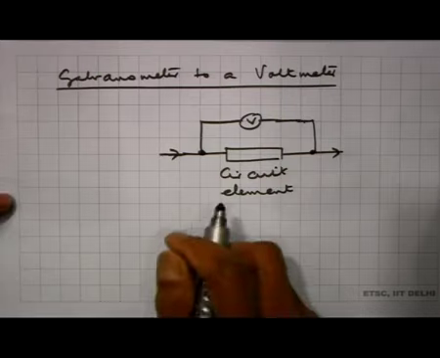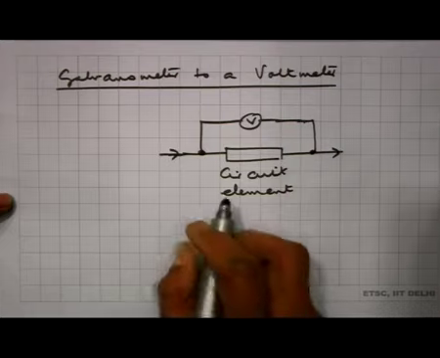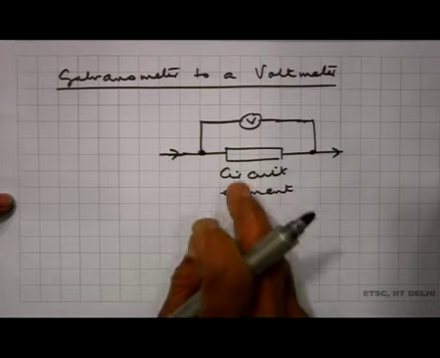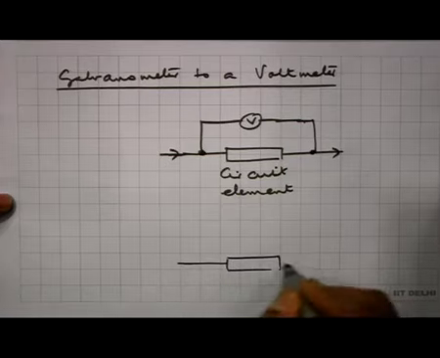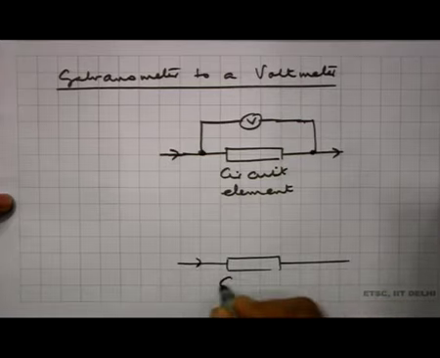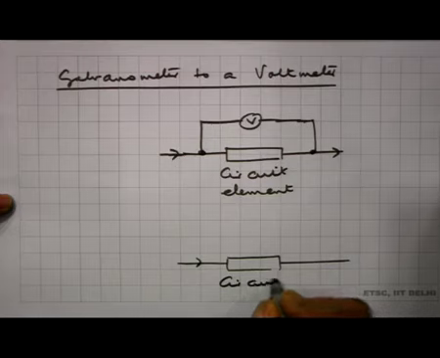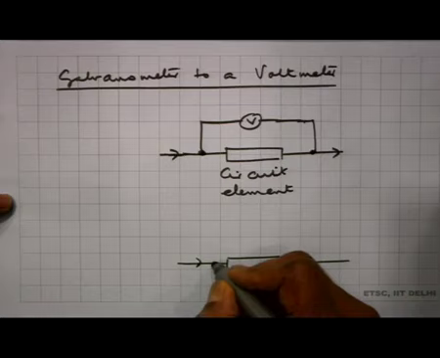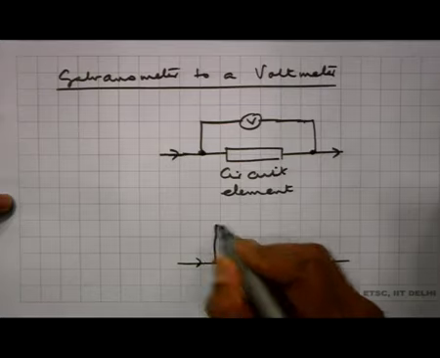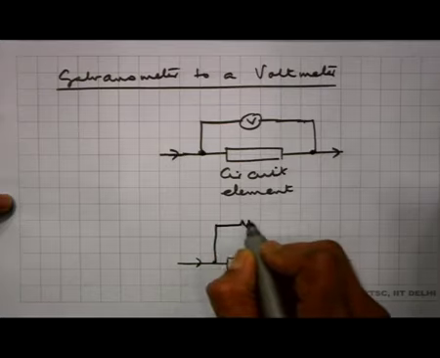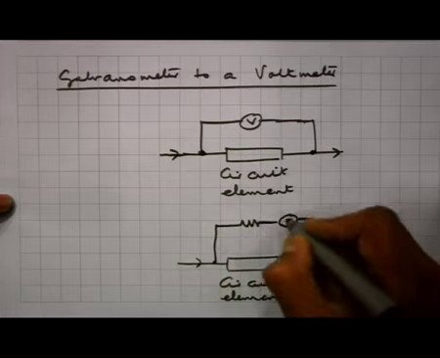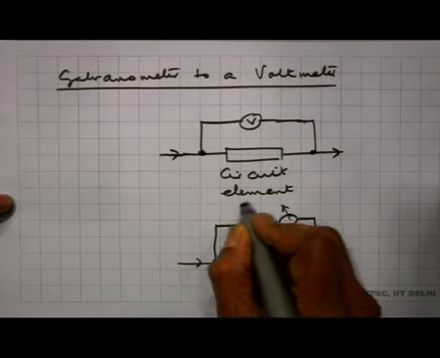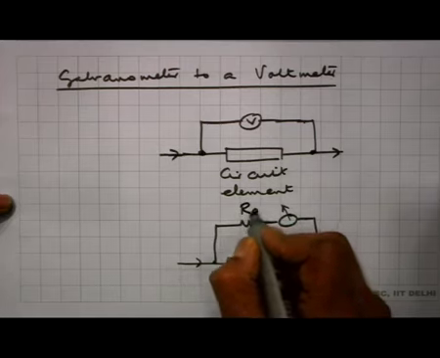So, to increase the resistance, what I need to do is to connect another resistance in series with the galvanometer. So, let me draw the figure again here. So, that is my circuit element, and I connect a resistance and the galvanometer here. So, that is the galvanometer, this is Rg, and this resistance let me call Rp.